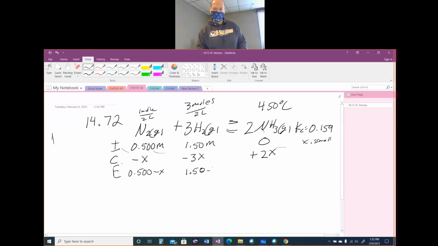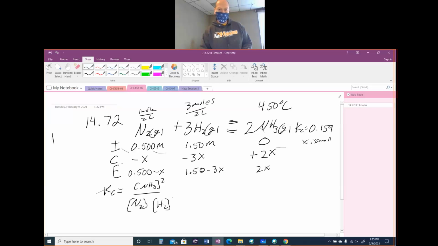minus 3x, and 2x. And so when we write our expression for Kc, concentration NH3 squared, everything's a gas, everything goes in, concentration of nitrogen, concentration of hydrogen raised to the 3rd power.